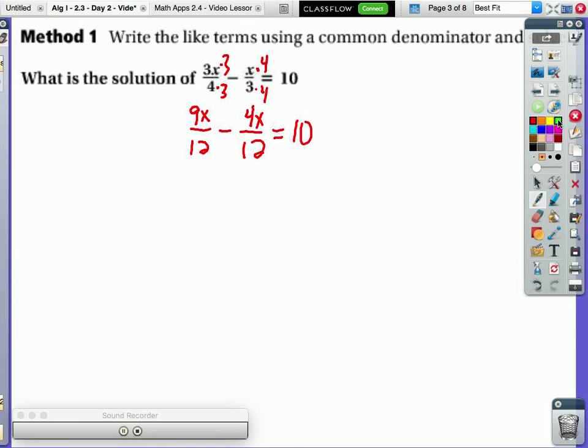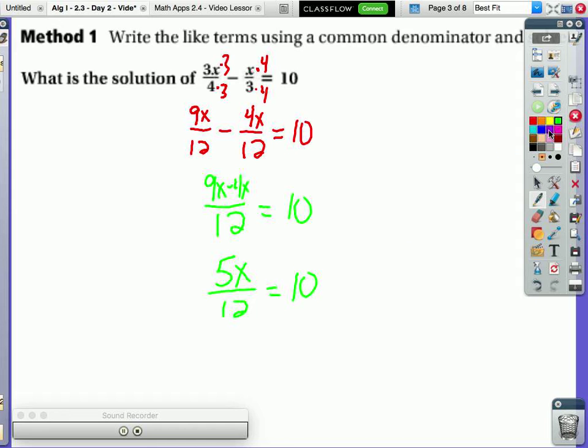Okay, so now we can combine our fractions by keeping our denominator the same, and we take 9x minus 4x. So 9x minus 4x, which gives us 5x. So we have 5x over 12 equals 10.